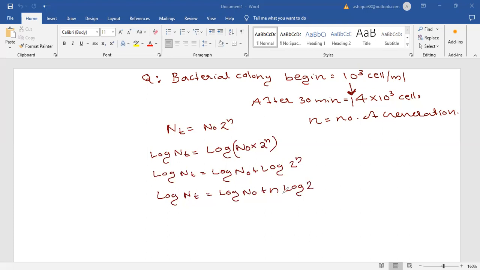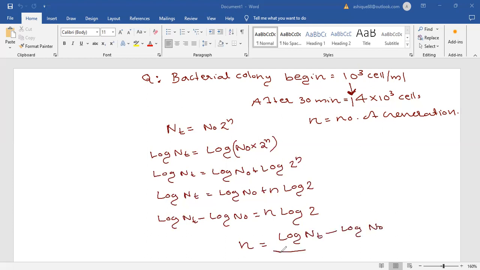This is the expansion. If I subtract log N0 from log Nt, we will get n log 2. So from this, you can find the number of generations n. n will be equal to log Nt minus log N0, all divided by log 2.